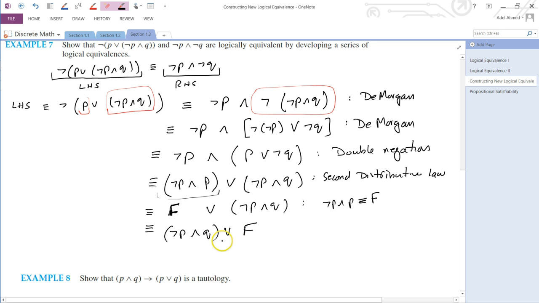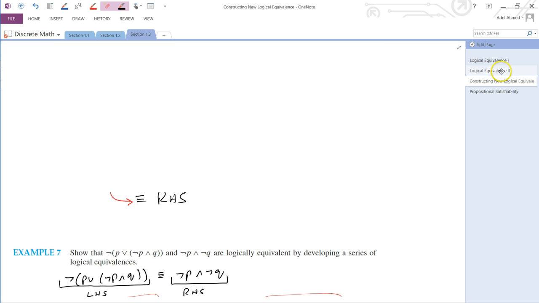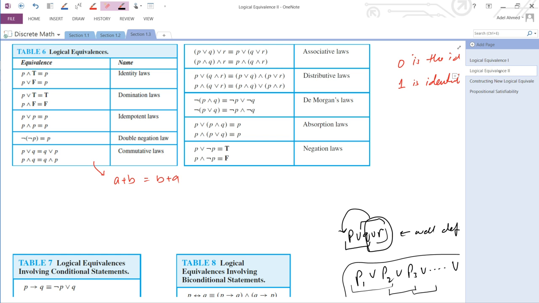No, I rearranged it because I applied a formula, and that formula is the commutative formula for the disjunction. Now let me take you back to the table and show you. Look over here. Where is it? The commutative law. The commutative law says that you can flip the positions of the variables with the OR and the AND.